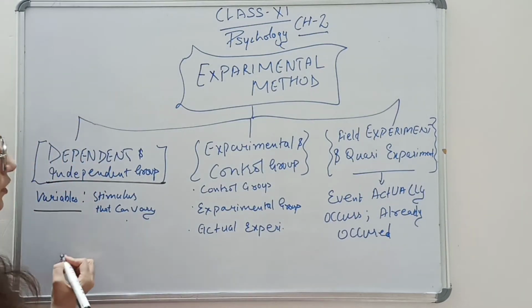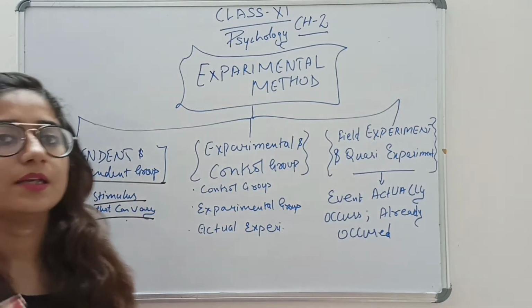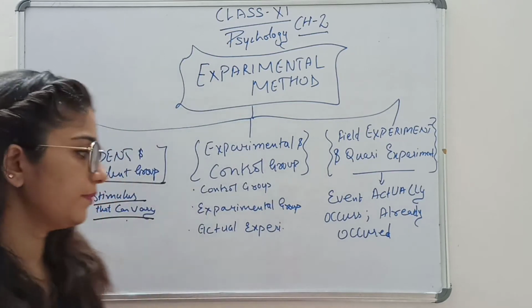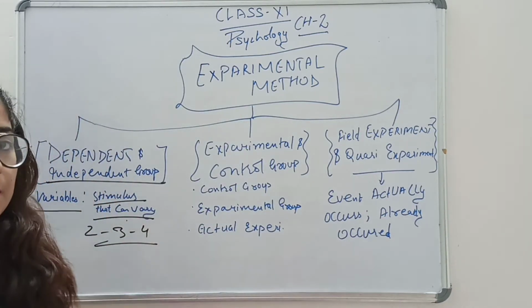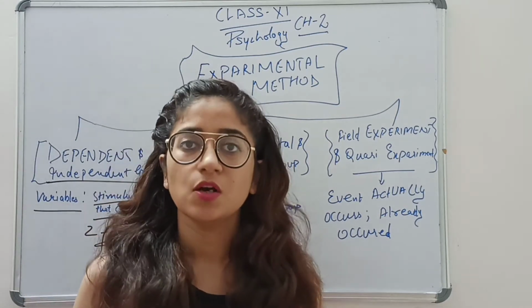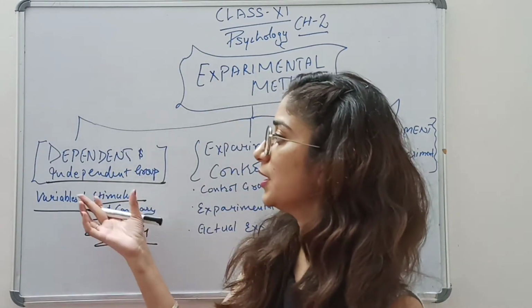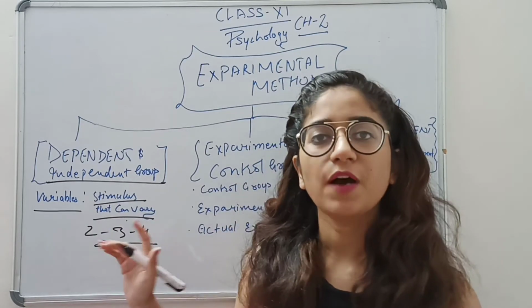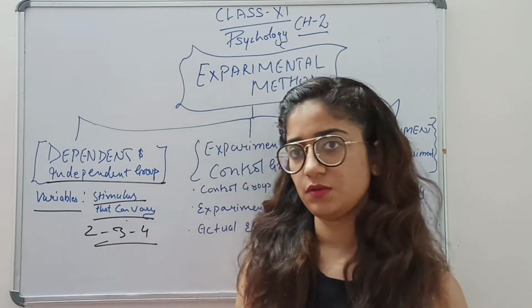There are some kinds of variables, that is stimulus, that may vary, meaning it can be in numbers. Okay, it can be 2, 3 or 4. There can be a variety of numbers. Okay, and these are related to each other. So if one is affected, then the other will work according to that.